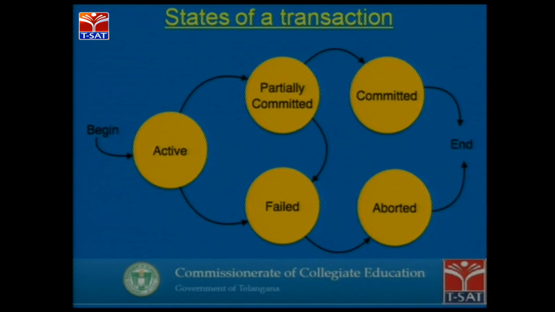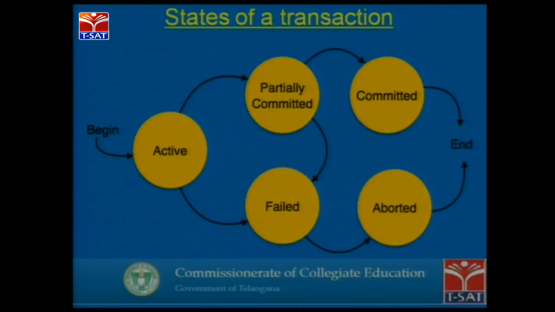Now, let us observe certain states of a transaction. Each and every transaction will come into force with a state called active, and if it does not receive any disturbance, automatically it will be transformed to a state called committed state. Between active and committed, it will travel so that it will finish off.